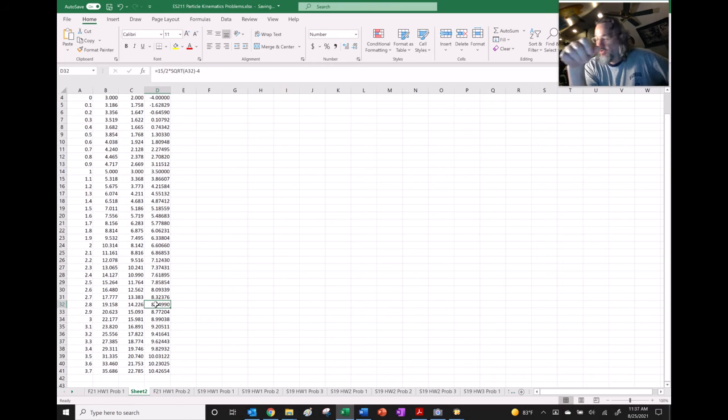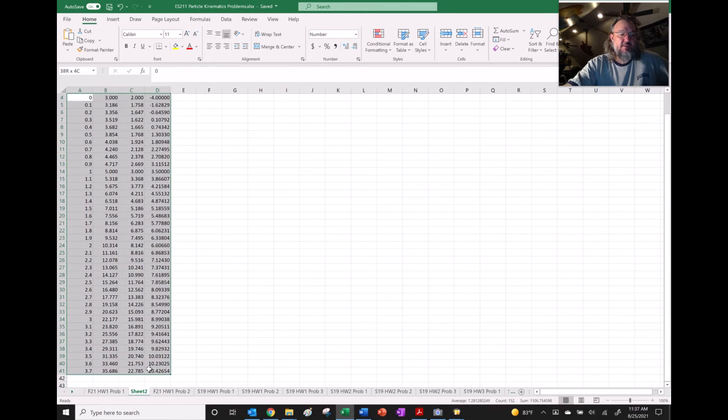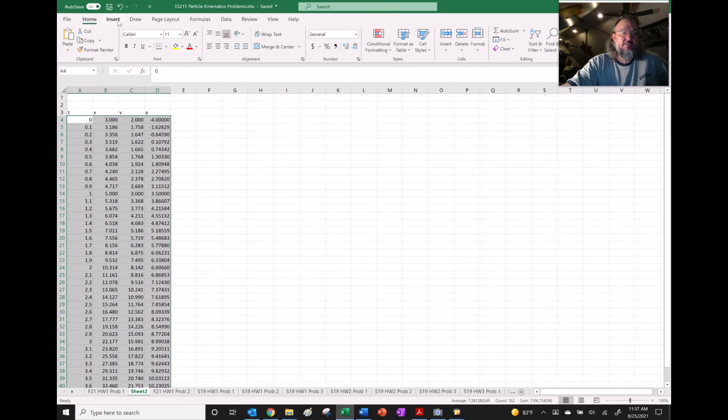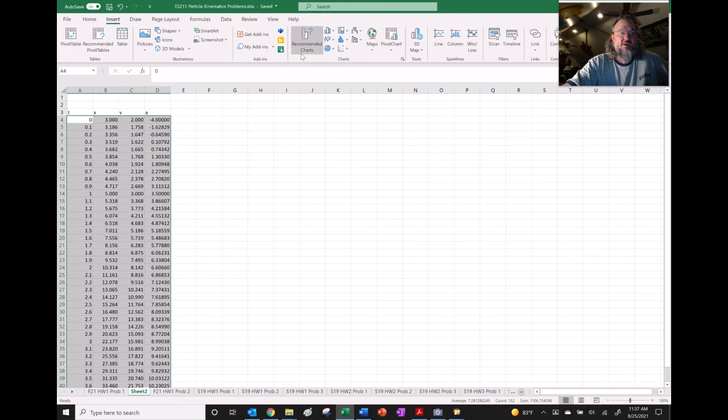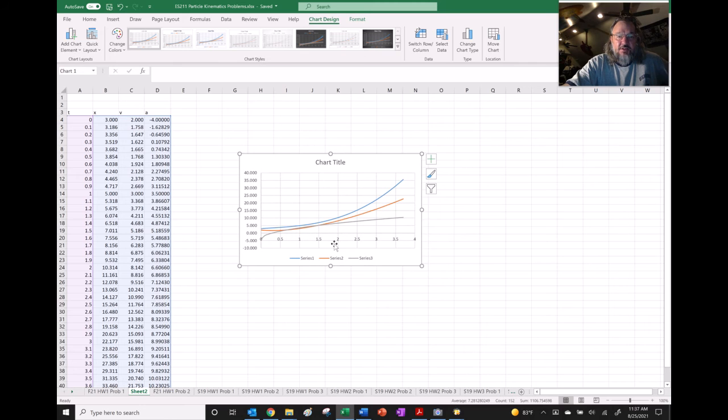And then we also wanted to add 3 seconds. We were able to get all the same answers that we had before. And, you know, we might even want to go ahead and graph these. Now, sometimes you need to make separate graphs because the range of the position, the velocity or the acceleration might be so much that you can't see what the other ones are. But we just highlight those, insert them, and put them right in there so we can kind of see what they look like, right?